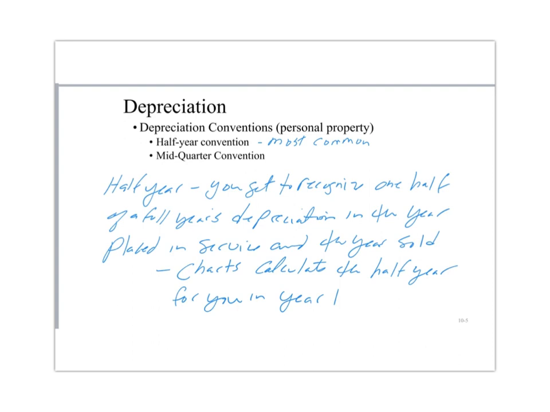Okay, so that's pretty cool. And for the tax return project, you need to select the correct convention, but you don't have to worry about manipulating that half year. I'll show you an example as we roll through, and that should help.